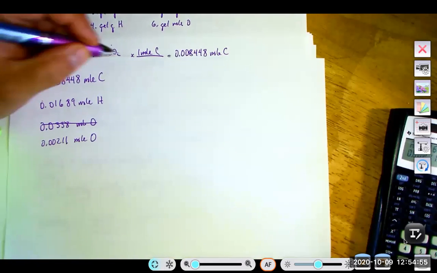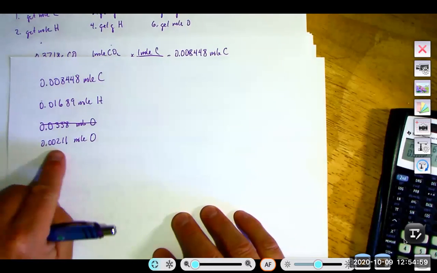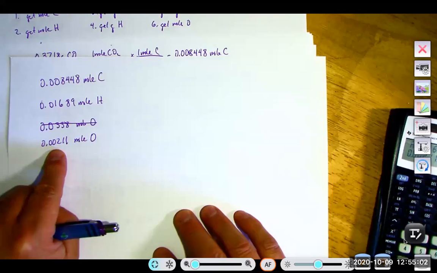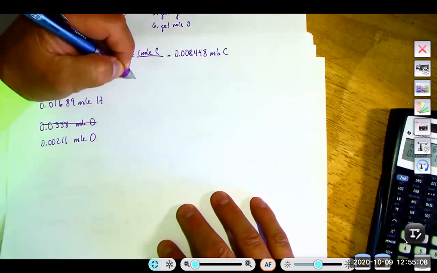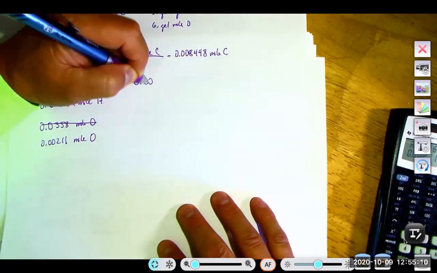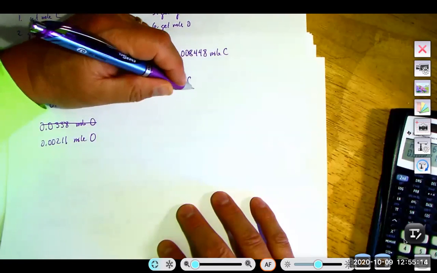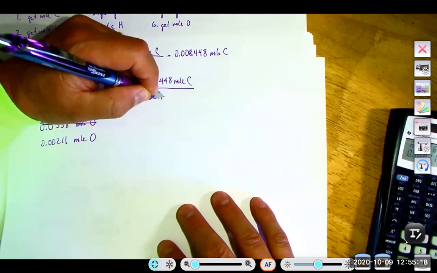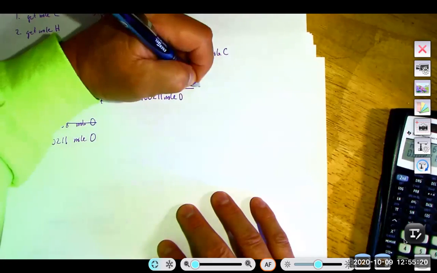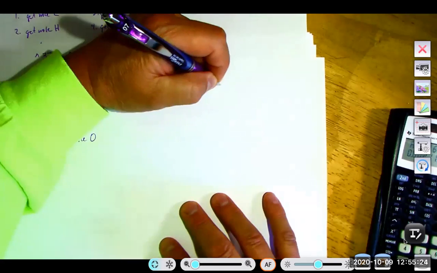Okay, so which of these numbers is the smallest? I would say that one's the smallest. Would you agree? 0.002? So what we're going to do is 0.008448 mole of carbon to 0.00211 mole of oxygen. And I think you can see that this is going to end up being 4 mole of carbon to 1 mole of oxygen.